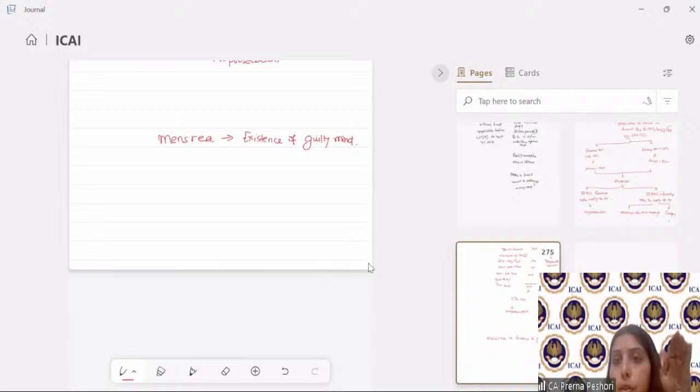And the burden of proof is on the assessee to rebut that presumption. This culpable mental state is also called mens rea. The court will presume the existence of mens rea, that the assessee had deliberately committed this offense. Is that clear? Did you understand this particular point?